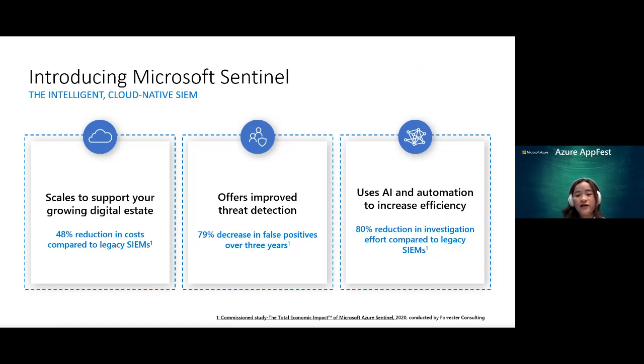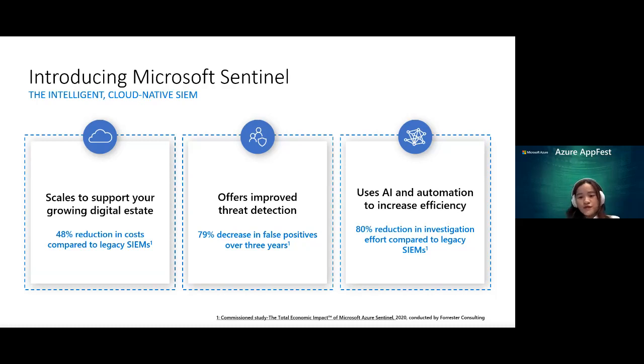That is one of the value benefits Sentinel gives: the AI and machine learning technology within the product. In turn, it also does better correlation of incidents, which reduces alert fatigue for our security operations team. Because can you imagine if they are constantly qualifying all these different alerts? That leads to a lot of alert fatigue, and we don't want to stress them out on this end as well.